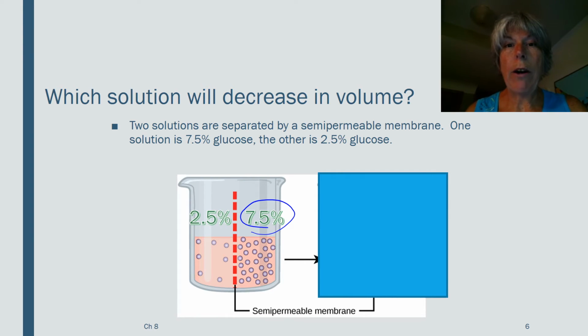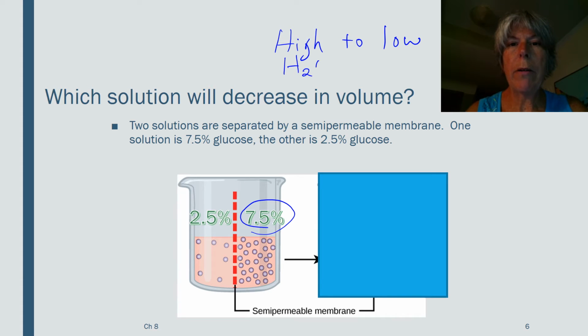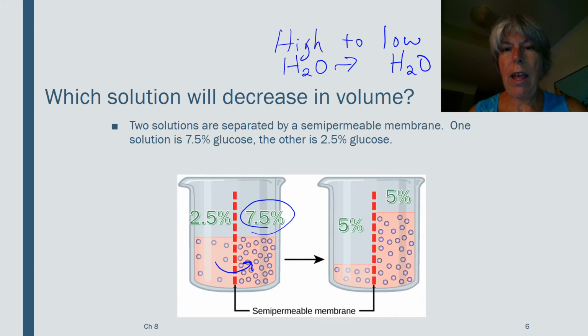I always think of water flowing from high to low. Now that's kind of opposite as to what we said before, but from where there's more water to where there's less water. So where is there more water? On the left-hand side. It'll flow to where there's less water on the right-hand side, and that means the volume of the right side will increase, causing the concentrations to equalize, so you end up with a 5% glucose solution on each side.